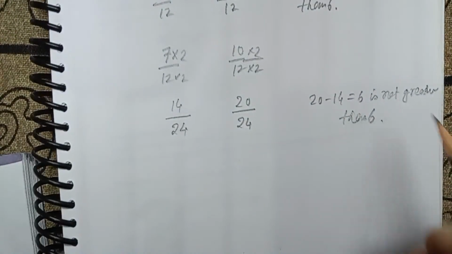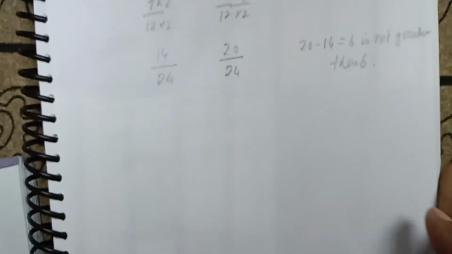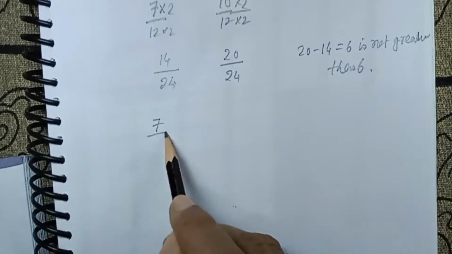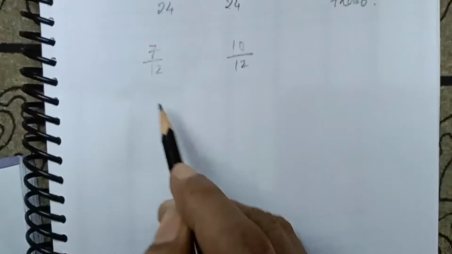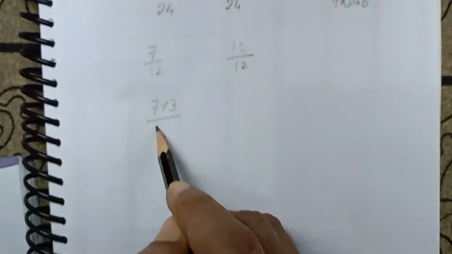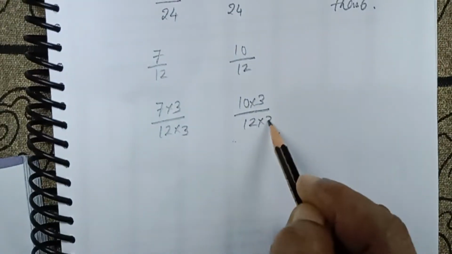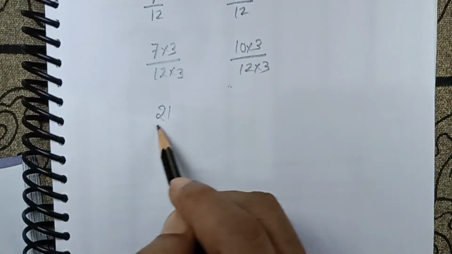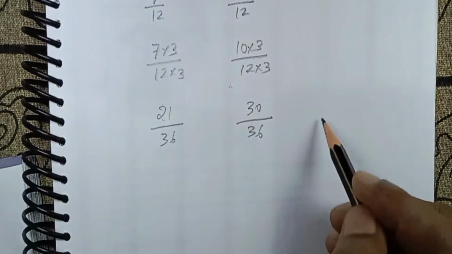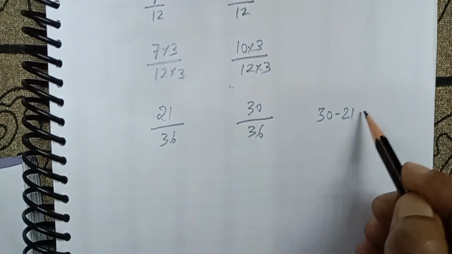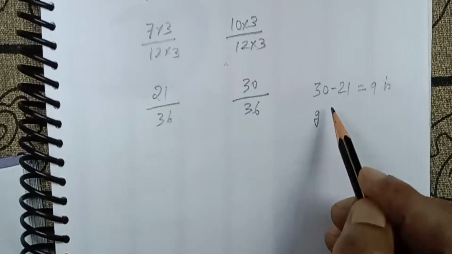Okay. Because this condition is not satisfied. So again you have to take 7 by 12 and 10 by 12. Multiply with 3: 7 into 3, 12 into 3, 10 into 3 and 12 into 3. So it will be 21 upon 36 and 30 upon 36. Now 30 minus 21 equals 9, which is greater than 6.